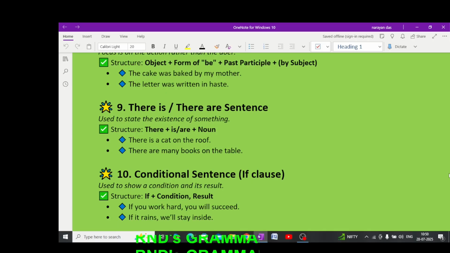Your success depends upon your working hard. Because if this condition is fulfilled, you will succeed. If it rains, we will stay inside. We will stay inside is the result. When will it happen? It will happen only if it rains. So if the condition is fulfilled, the result will take place. You can make lots of similar sentences and learn them.